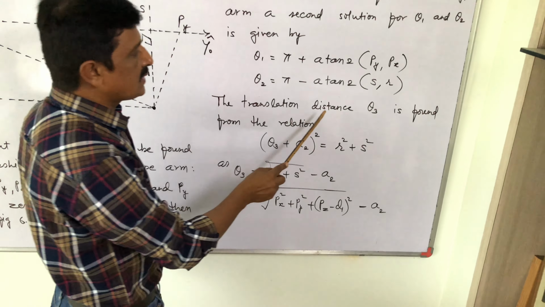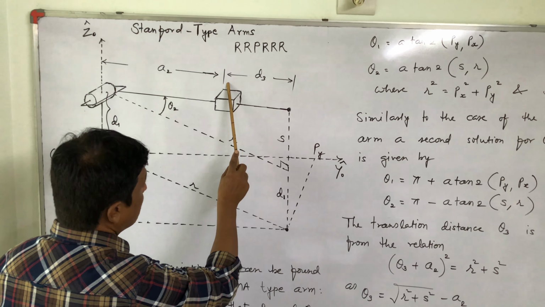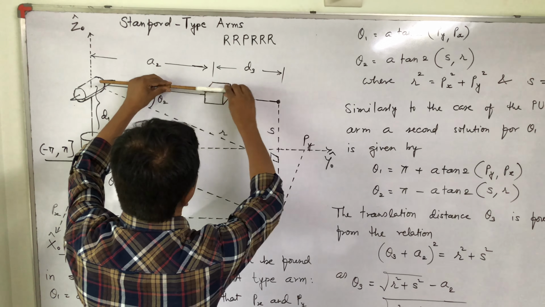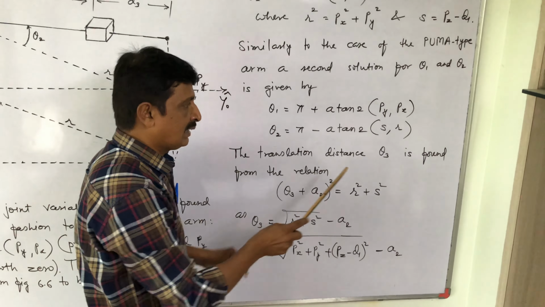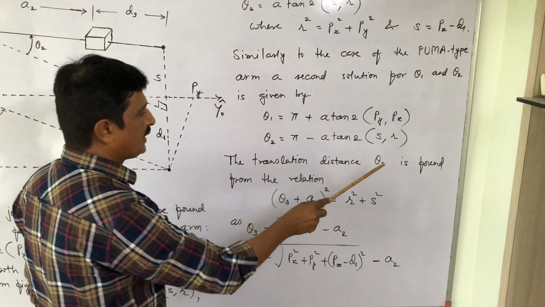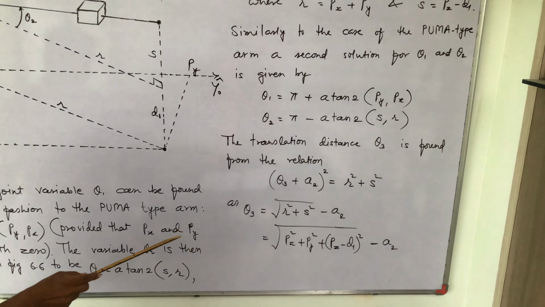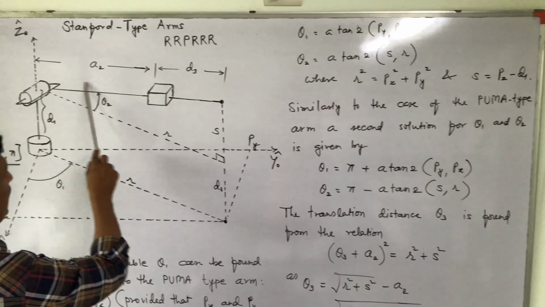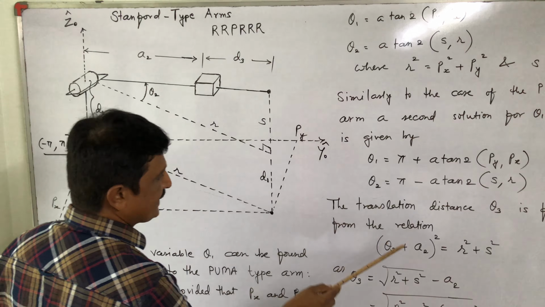The translation distance θ3, this one, is for the prismatic joint. So it can slide this way, this way, this way. The symbol is like an angle, but it is not an angle, it is a linear displacement. So the translation distance θ3 is found from the relation θ3 plus A2 square, equal to, by the Pythagoras theorem, r square plus s square.